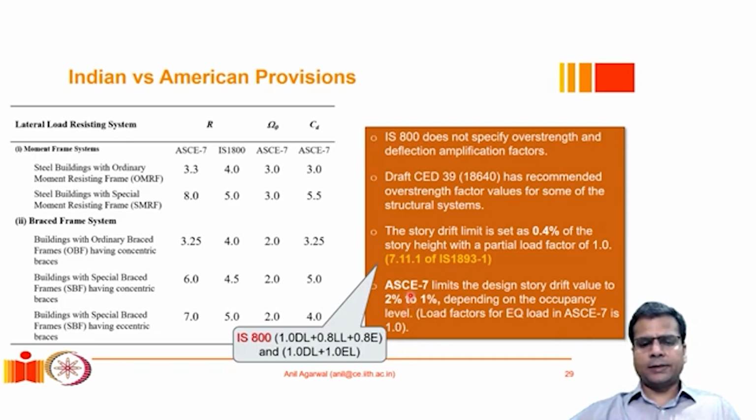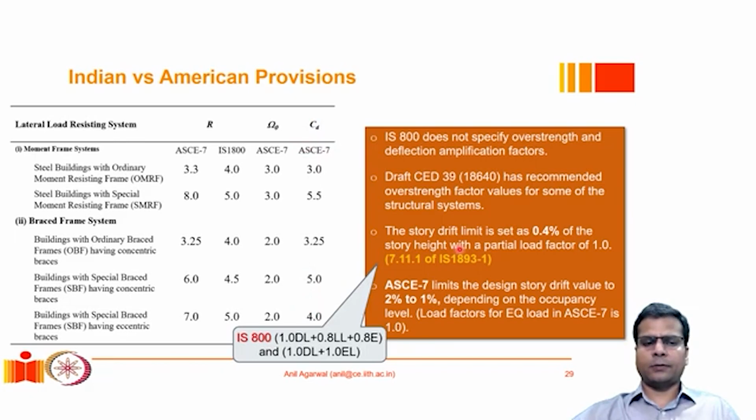So in ASCE 7, you are required to first calculate the deflections under the elastic analysis, which is under the reduced response. Then you amplify the deflections by multiplying all of them with this CD factor. That will give you the final, or real, deflections. Those real deflections should be within 2% to 1% of the story height. The Indian code does not apply that deflection amplification factor.